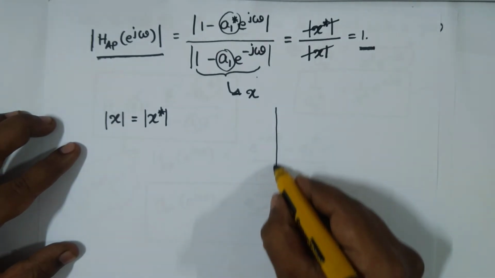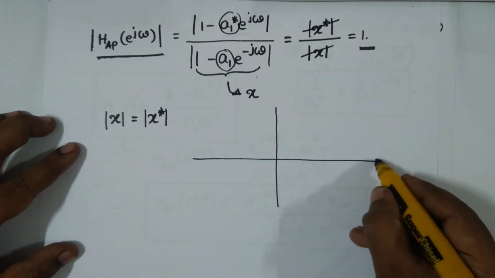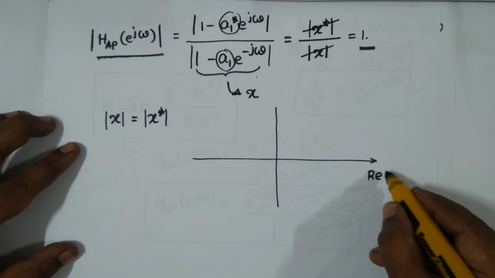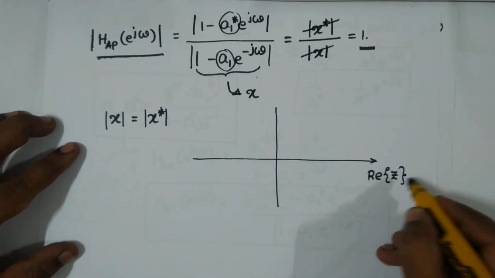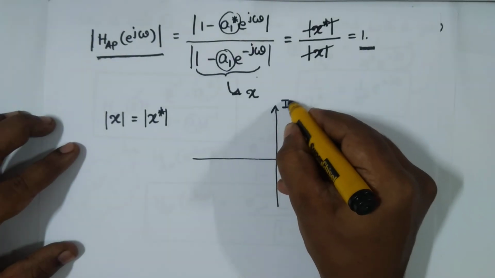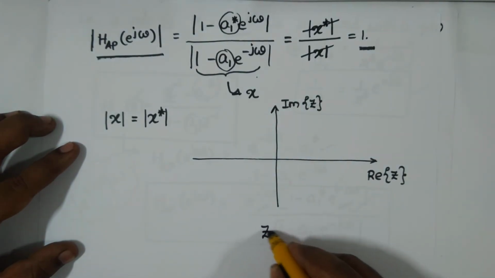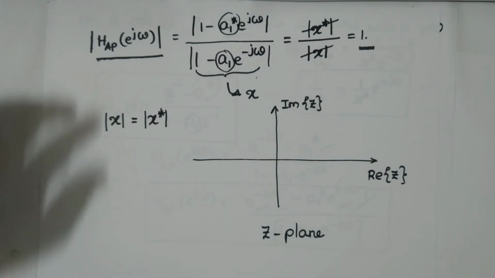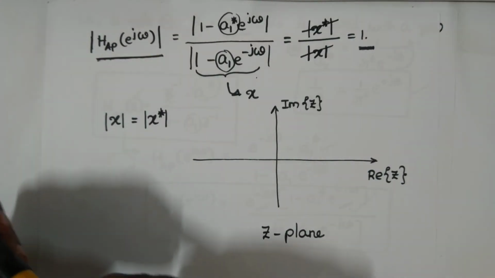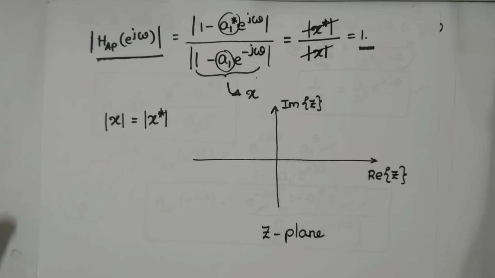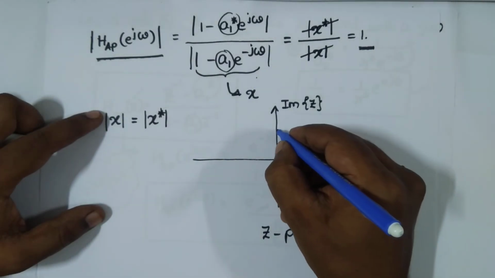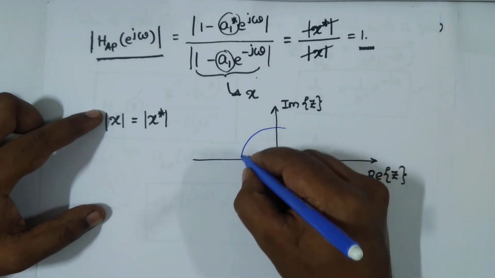Now the beauty is this. Let me take my complex z plane. This is my real axis and this is my imaginary axis, and this is my complex plane, as z is a complex variable. Let me put down things this way. For now, let's draw a unit circle.